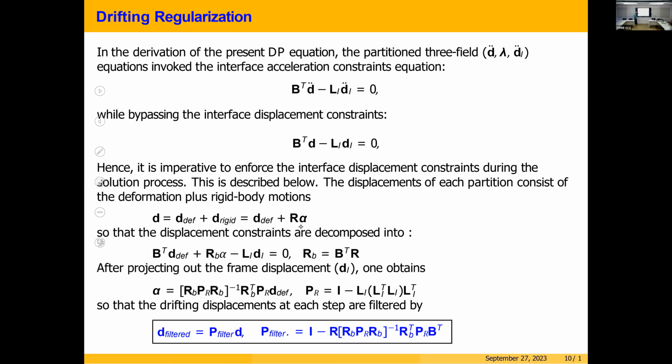Then you substitute into this displacement constraint, and you can reduce this by another projection, PR. And you can find the filtered solution, which means satisfying this constraint, turned out to be the solution of D. We just show that one, subject to this projection operation. Then this constraint will be satisfied.